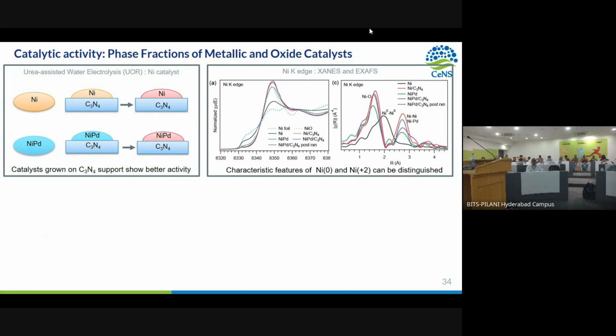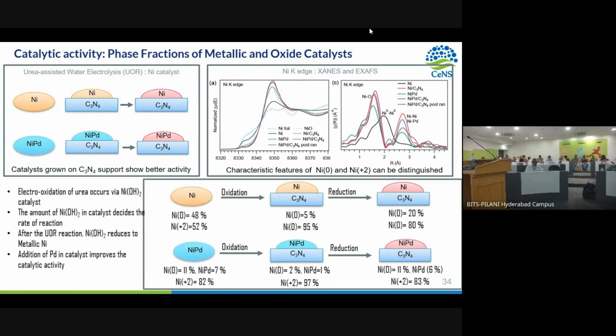We did the analysis of this R-space data. We're not going into the details, but what we find is that when they claim that nickel metal is there, actually there is nickel which is 48% in zero oxidation state and 52% in +2 oxidation state.